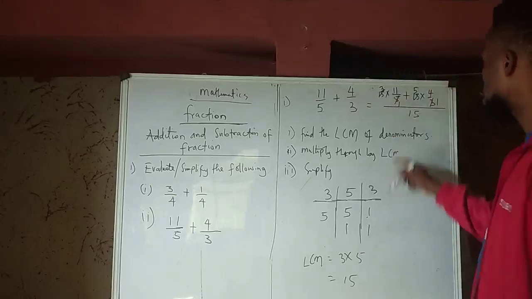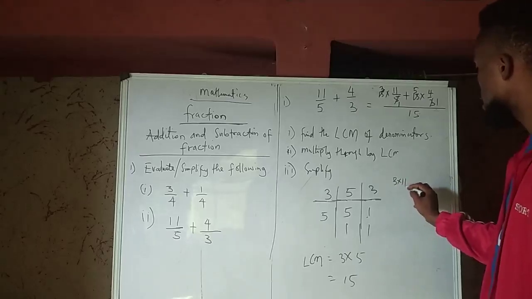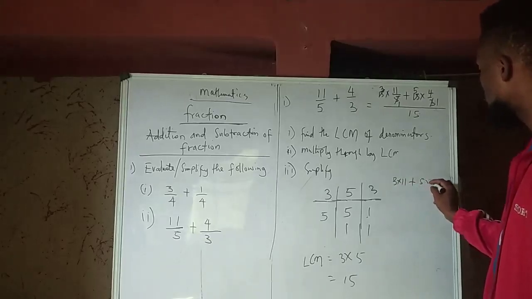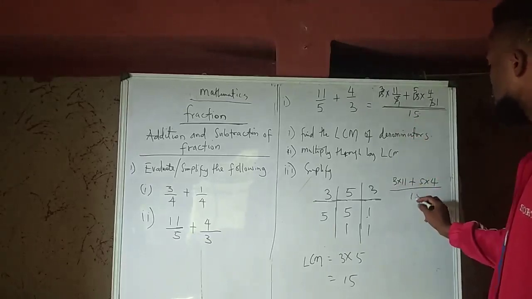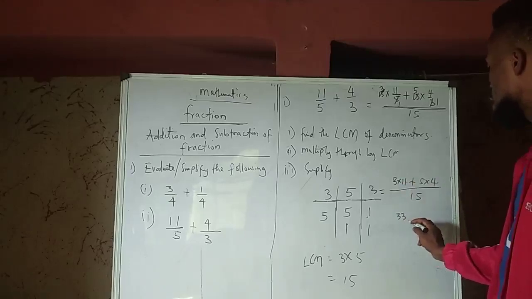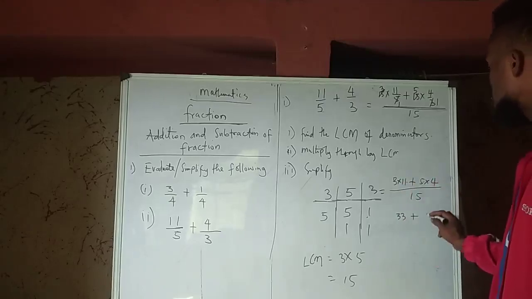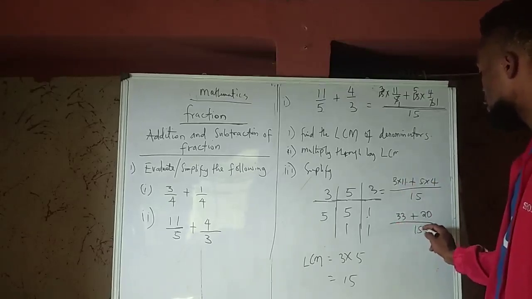So what we have up here is 3 times 11 plus 5 times 4, all over, don't forget this, all over 15. 3 times 11 is 33 plus 5 times 4, which is 20. All of this divided by 15.